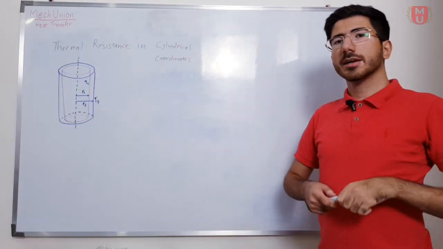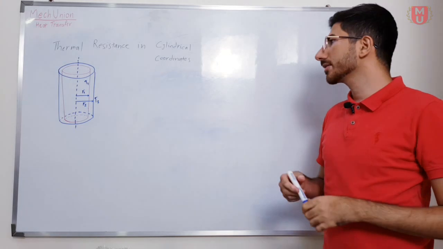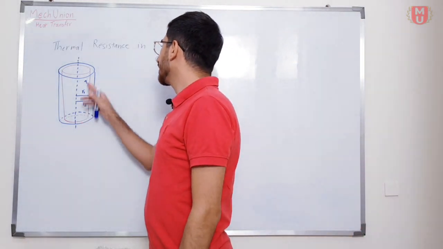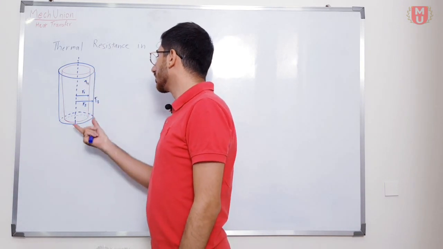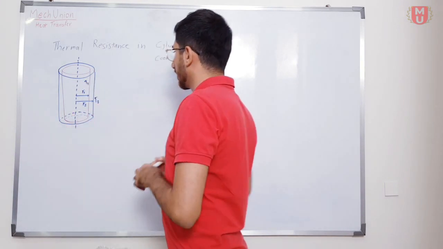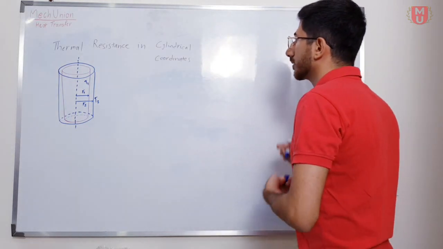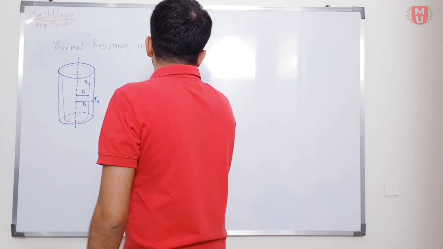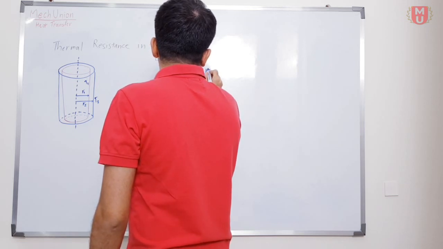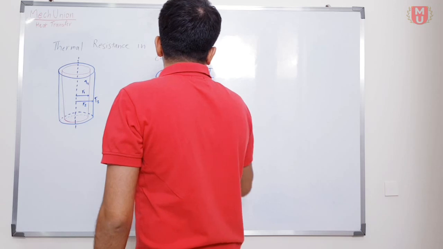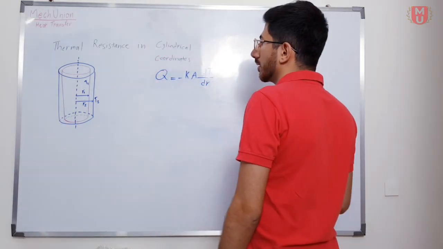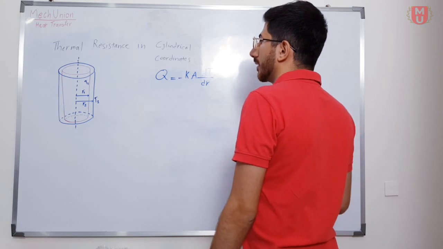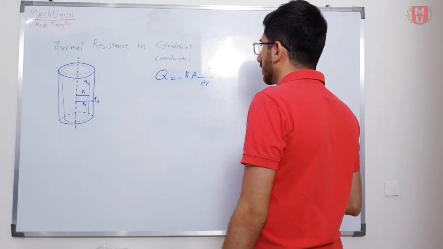For thermal resistance in cylindrical coordinates, we have this figure. One cylinder inside another one that is bigger. By using again the Fourier law, we will have minus kA dT over dr. Because it is cylindrical, we will have r, theta and z.